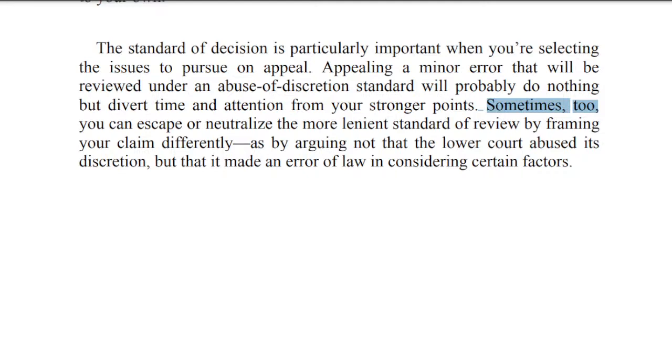Sometimes, too, you can escape or neutralize the more lenient standard of review by framing your claim differently, as by arguing not that the lower court abused its discretion, but that it made an error of law in considering certain factors. Remember, judgment is supposed to be done through considering factors that are admitted as evidence and through a logical and reasonable process.